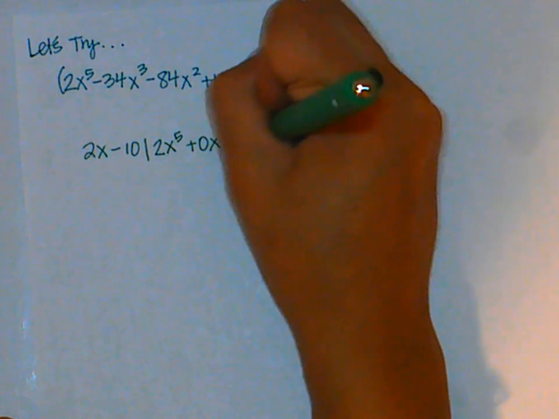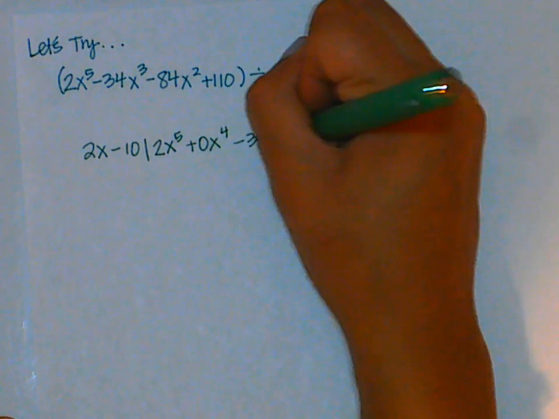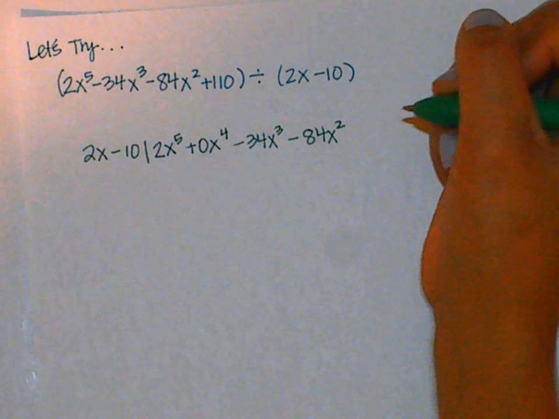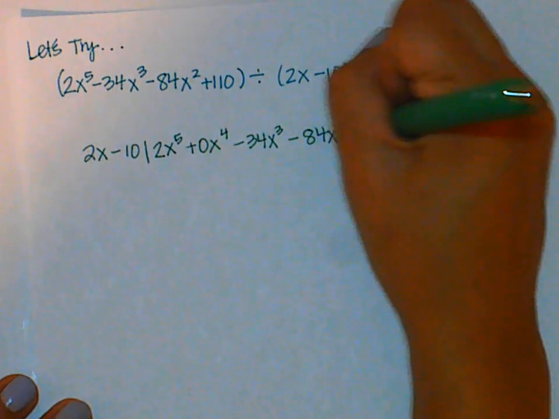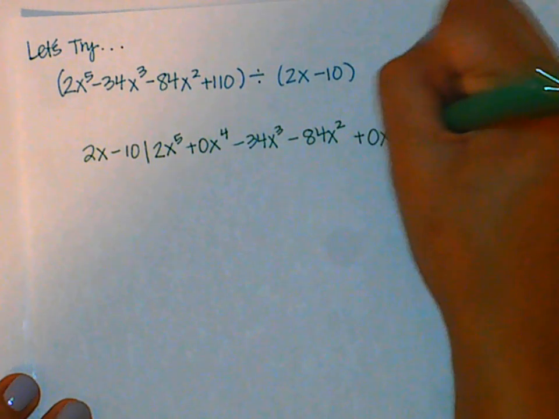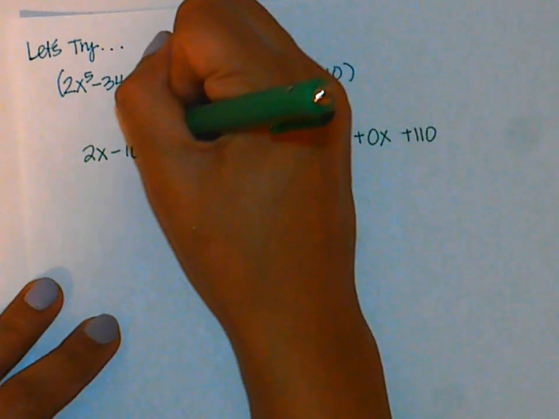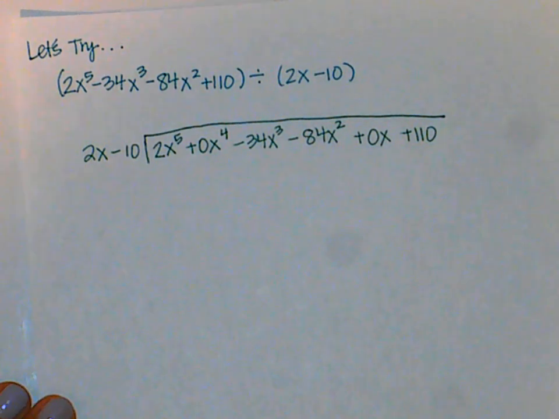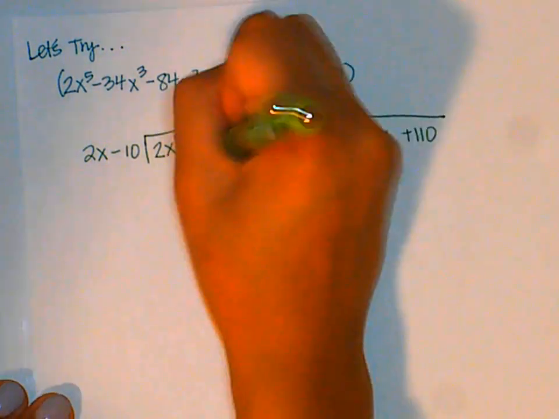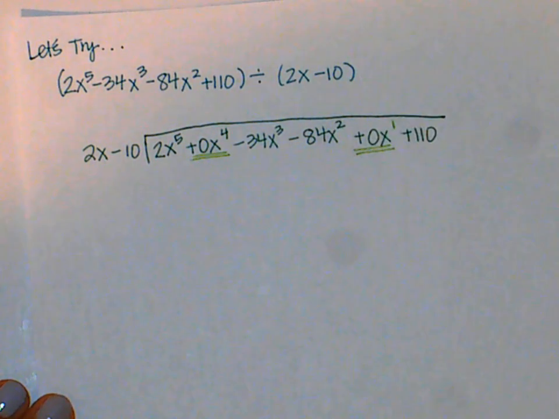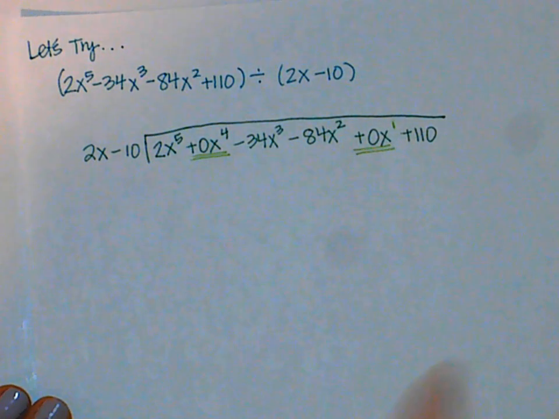Negative 34x cubed minus 84x squared. Now I'm missing my x, so I'm going to do the same thing. I'm going to add that placeholder for the x, and then my 110. Make sure that you use your placeholders for every exponent that is not written in your initial equation.